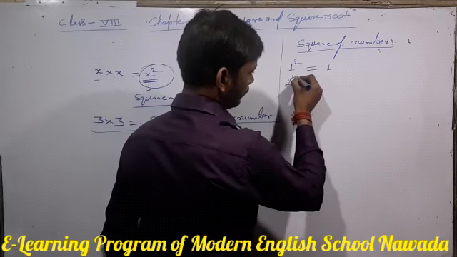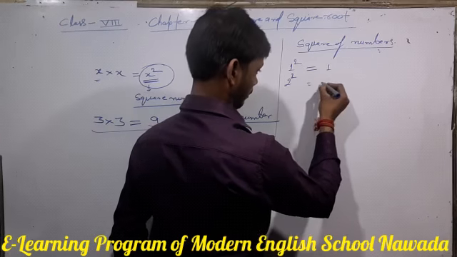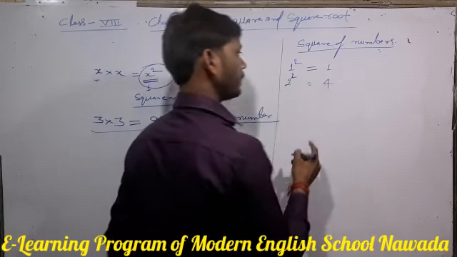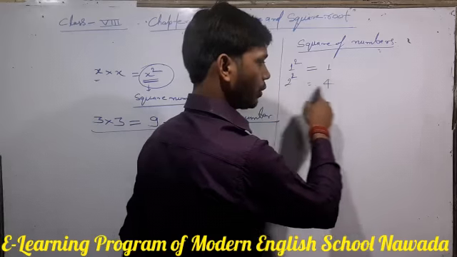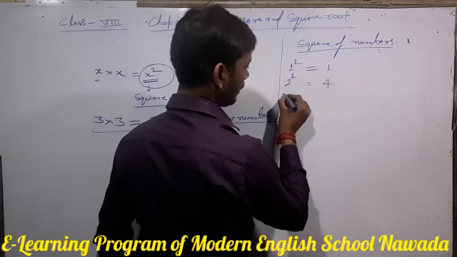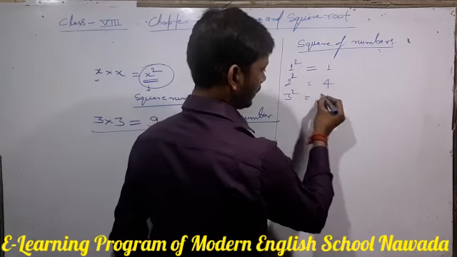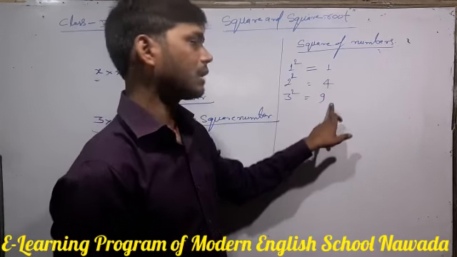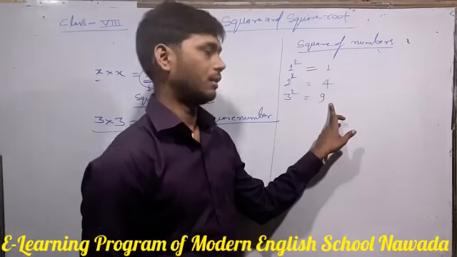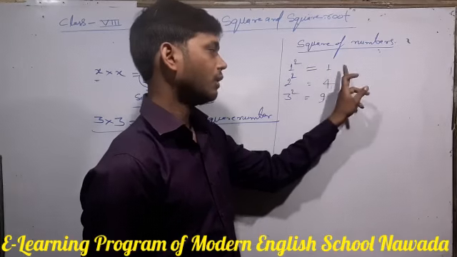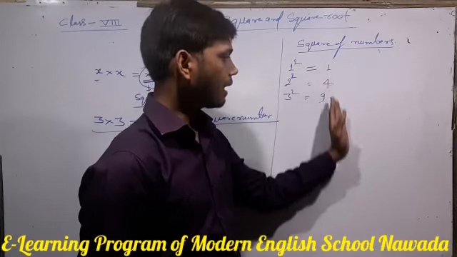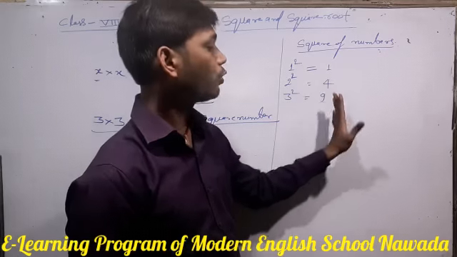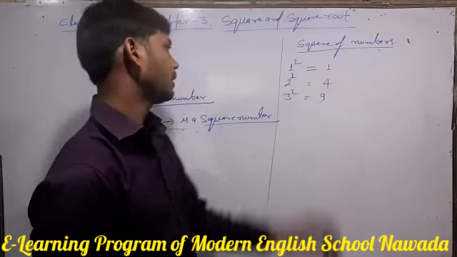Square of 2 equal to 4. That means 2 into 2 equal to 4. Square of 3 equal to 9. Here you observe these numbers are called a square of that number. These are called perfect squares. So you have to write perfect square.